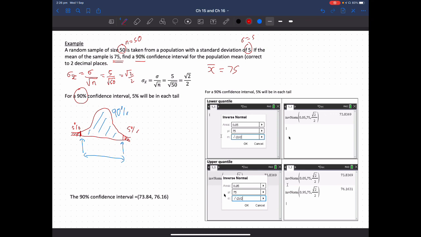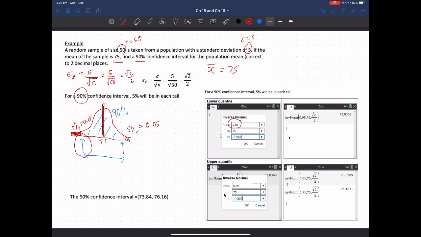Why am I saying that? Because 5% is 0.05. I know 75 is here. I'm going to work out the lower one first, so I know my answer has to be lower than 75. So the area is 0.05. That's this area.